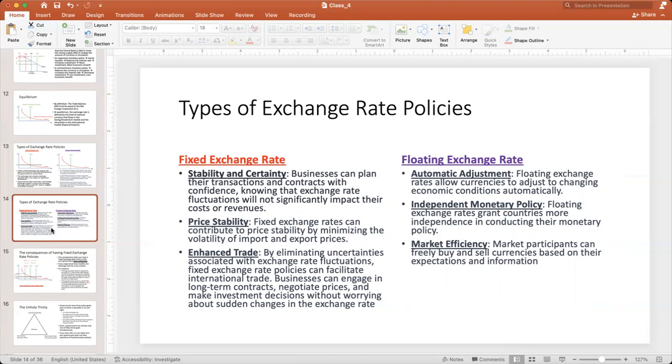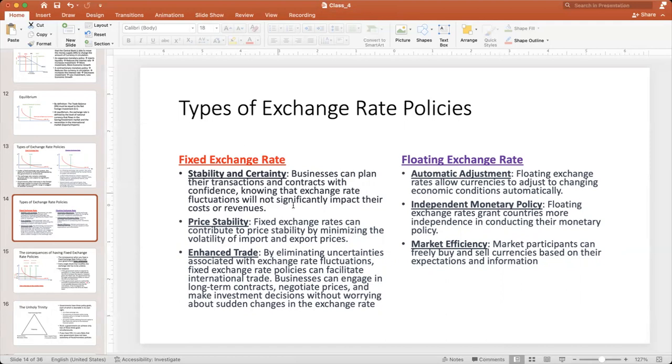The three main benefits of using a floating exchange rate are, first, we have automatic adjustment. We don't need the government or the central bank to monitor the international market. We are letting the market decide what the optimal price is here. We have an independent monetary policy, which is the most important thing. We are giving the government the autonomy to conduct its monetary policy.